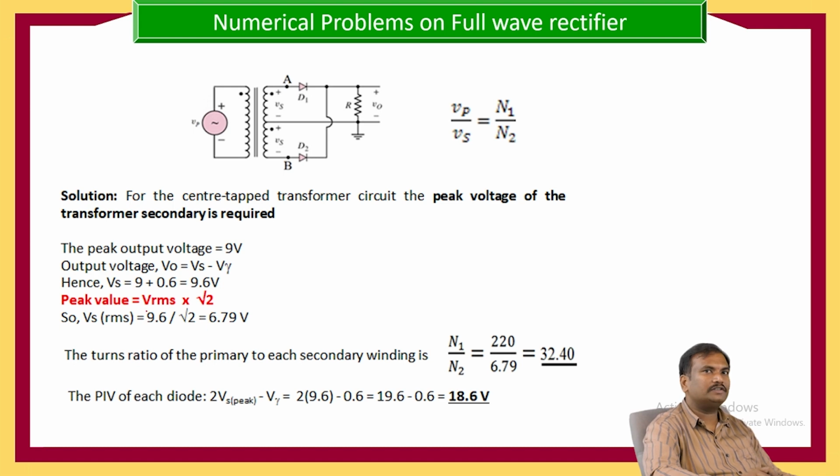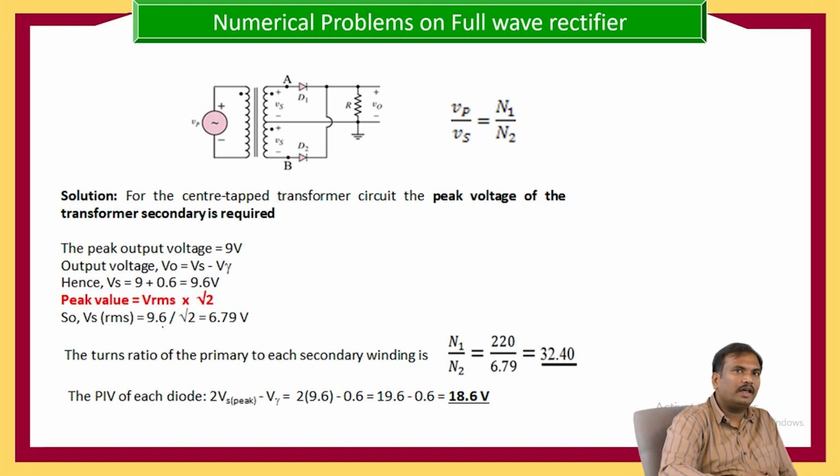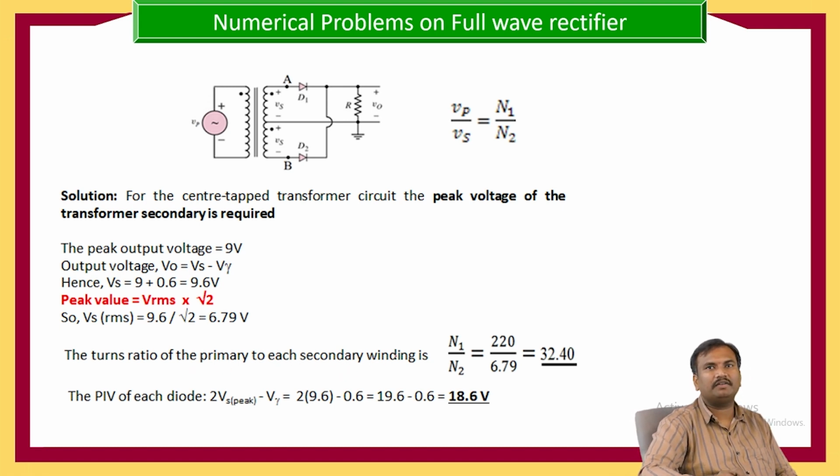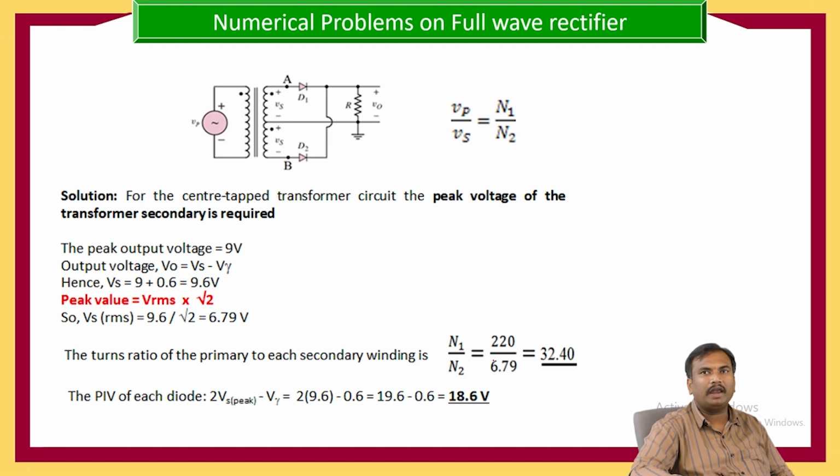And here the peak value is equal to Vrms into root 2, where Vrms is 9.6 by root 2, which is equal to 6.79 volts. The turns ratio of the primary to each secondary winding is N1 by N2, that is equal to 220 by 6.79, which is equal to 32.4.